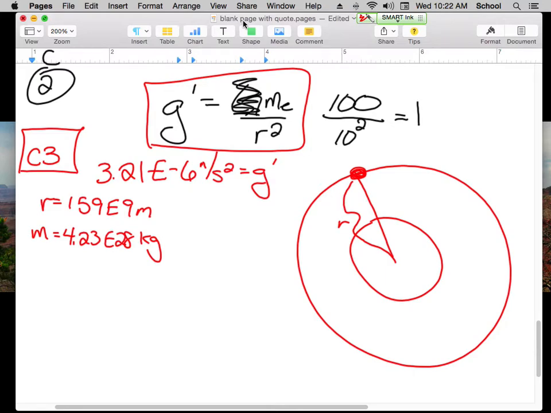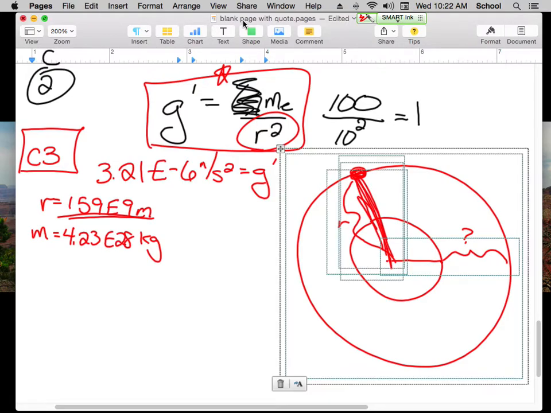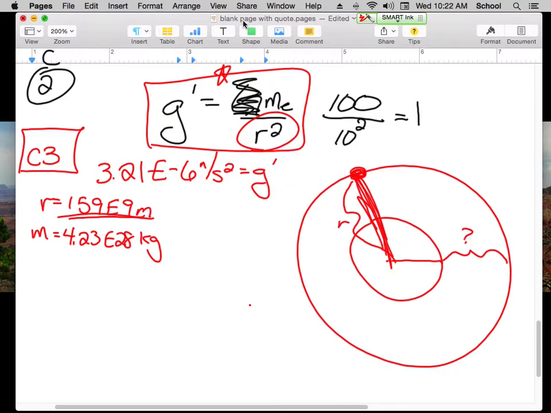So that whole thing is going to be r, but the r I gave you here is just this r, and what I'm asking is how high over the planet we are. So we have to solve this equation for r, and that gives me this big r, and then I have to subtract out this r to get what's left over. Does that make sense?